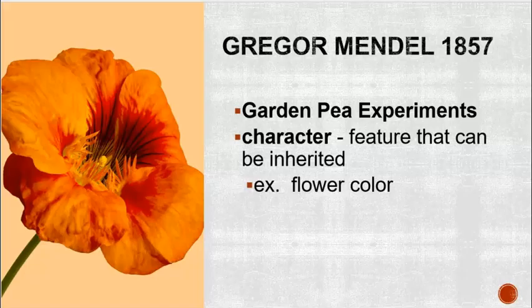So we're going to follow one of Mendel's experiments to help explain what goes on in this field of genetics, and we're going to look at what's called a character. A character is any feature that can be inherited, anything that can be passed on.